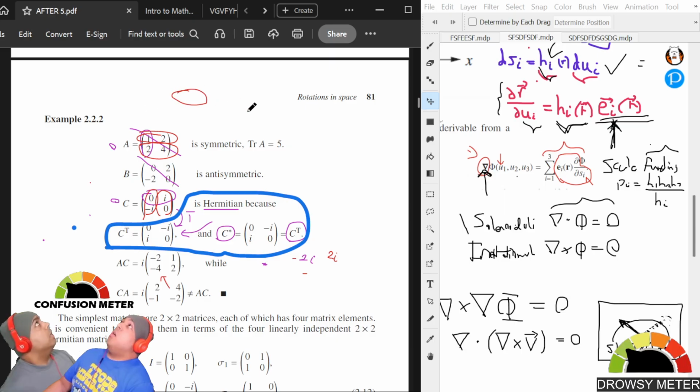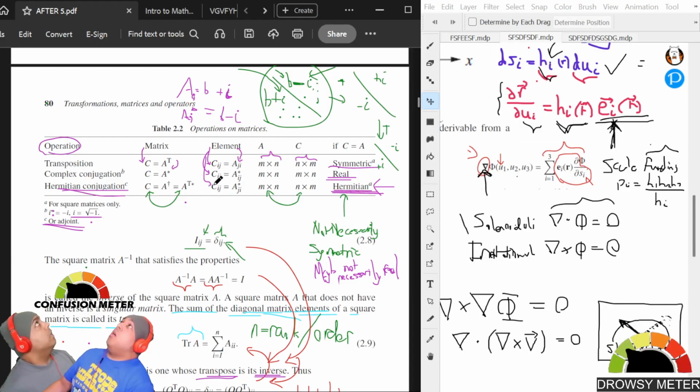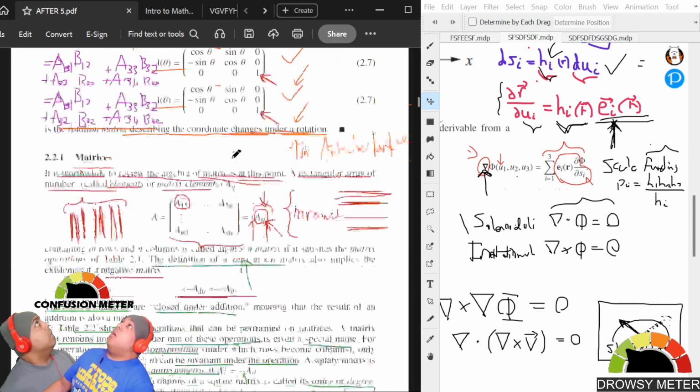Okay, boom, boom, boom. Row, column. Row, row, column. Row. Oh my god. Okay. No, I need to go up here.